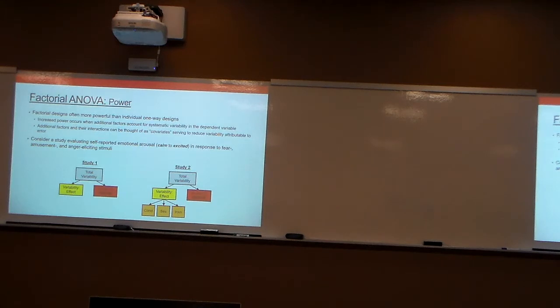And even if it's just a little bit, it's systematically reducing my error variance, making my whole design more powerful, right? Because this is the same error term that's used to test this, this, and this, and the smaller that is, the more powerful my test. So on average, we find that our factorial designs tend to be more powerful than our just one-way analyses.